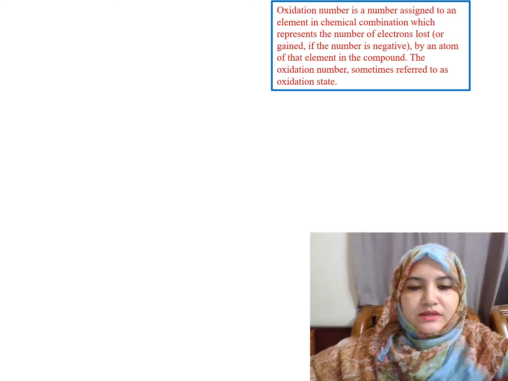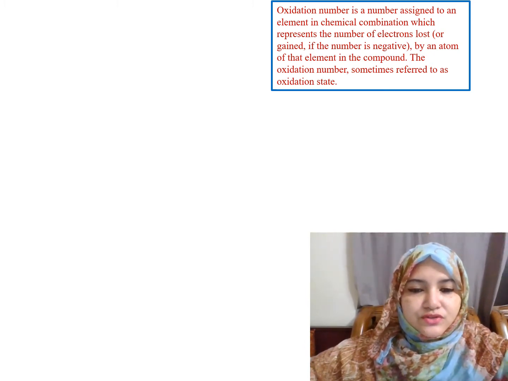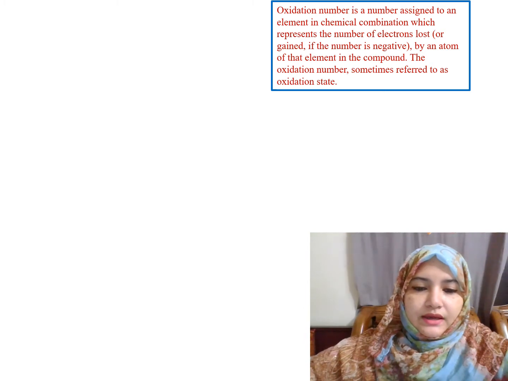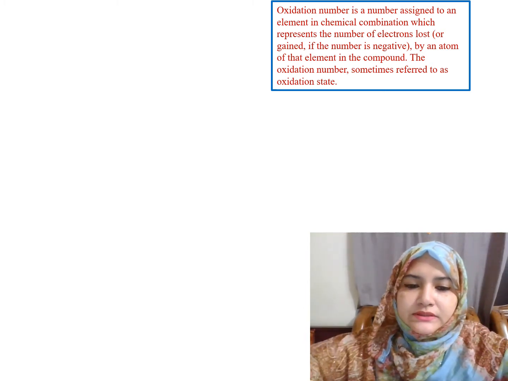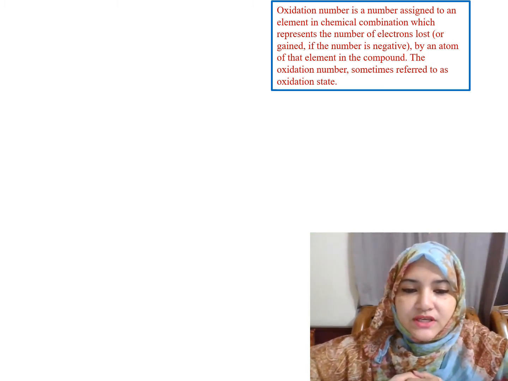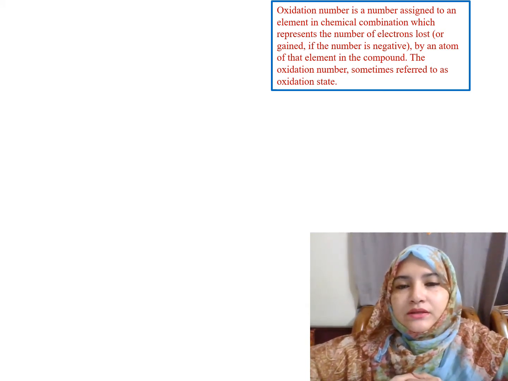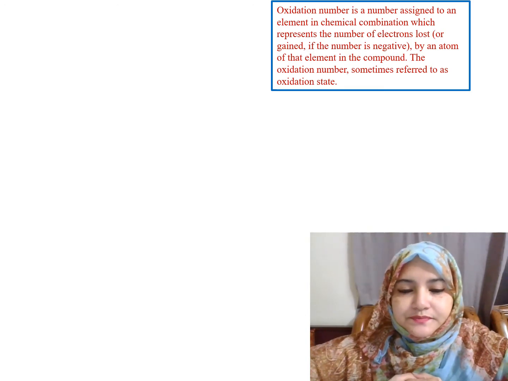Oxidation number is a number assigned to an element in a chemical combination which represents the number of electrons lost or gained by an atom of that element in the compound. The loss of electrons is represented by a positive sign, and the gain of electrons is represented by a negative sign.